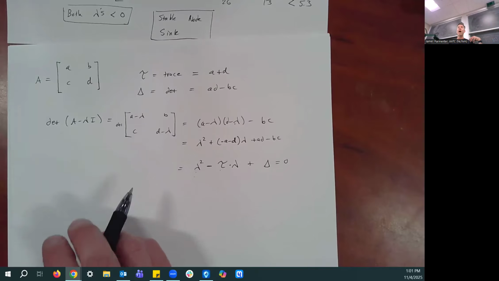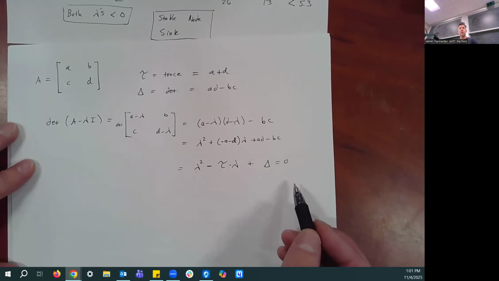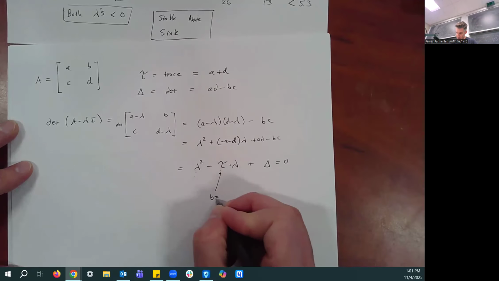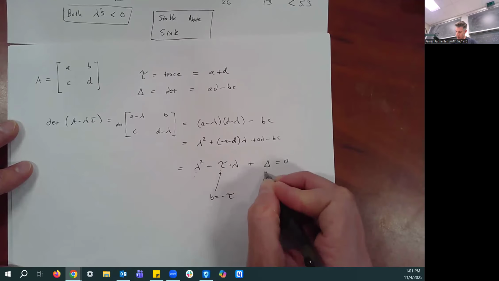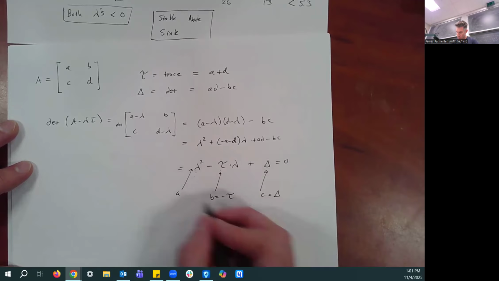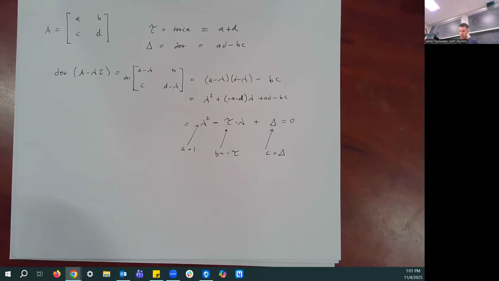Why is that helpful? Well, we know some things about finding the solutions to this equation. There's my B equal to the negative of the trace. There's my C equal to the determinant, and there's my A equal to 1. So if I now use the quadratic formula here, look at what we get.